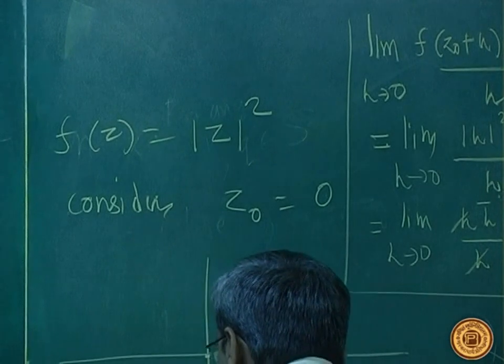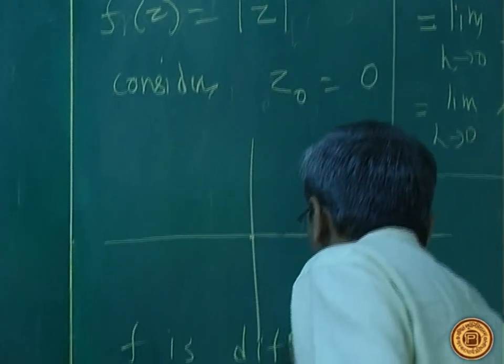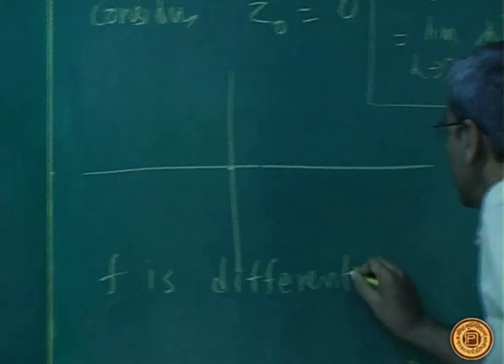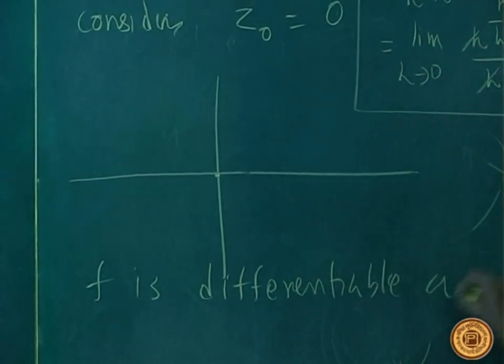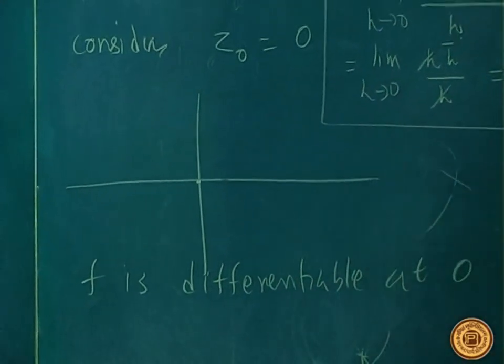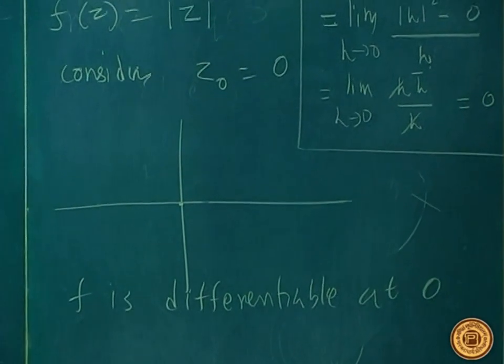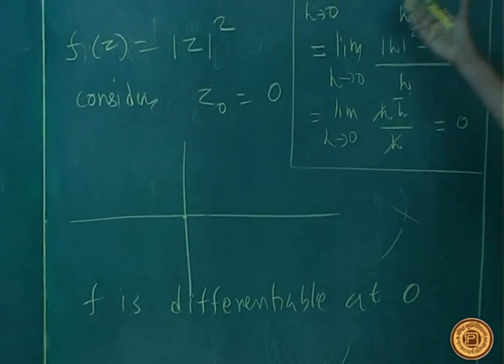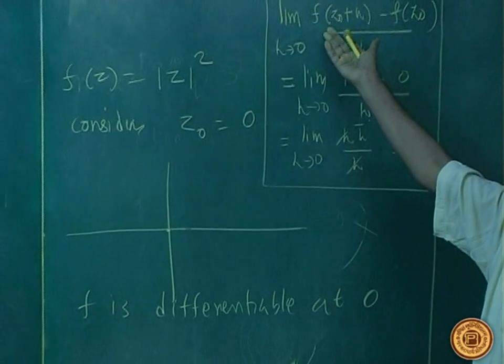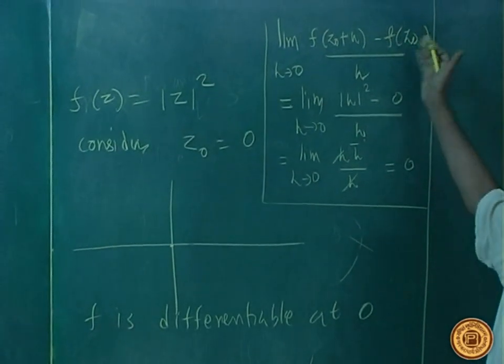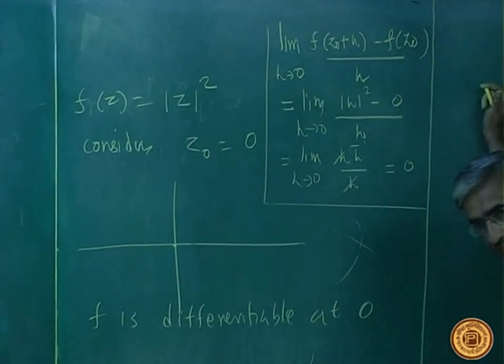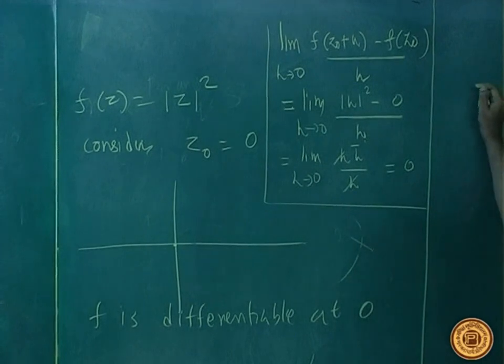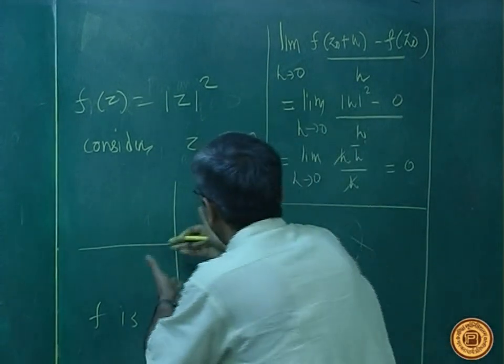So, f is differentiable at 0. Clear? Because I have shown that if you take z naught equal to 0, the limit of f of z naught plus h minus f of z naught upon h exists. Now, let me check differentiability at other points.